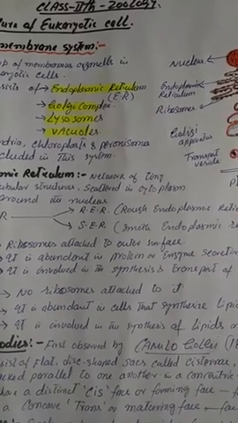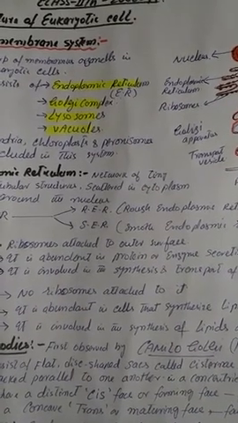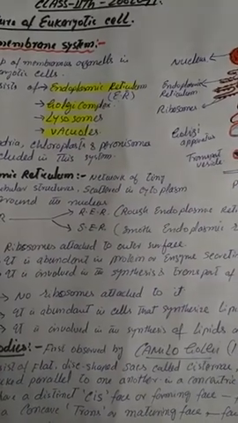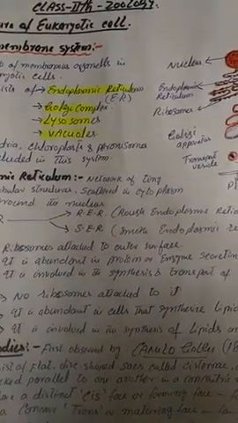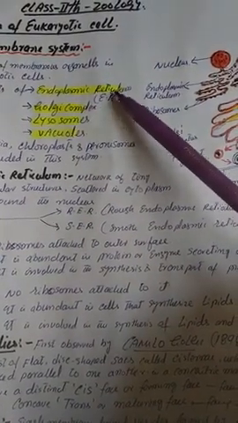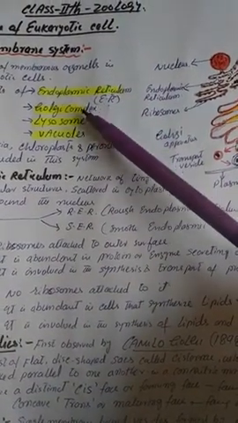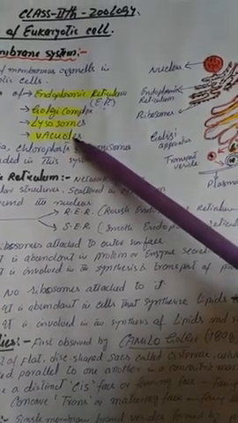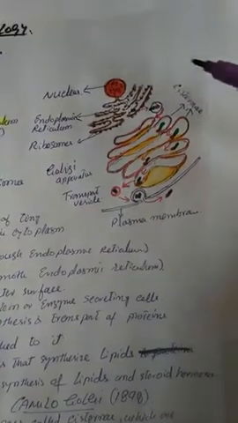Thus the endomembrane system consists of 4 components, that is endoplasmic reticulum, abbreviated as ER, Golgi complex, lysosomes and vacuoles, as is depicted in this diagram.